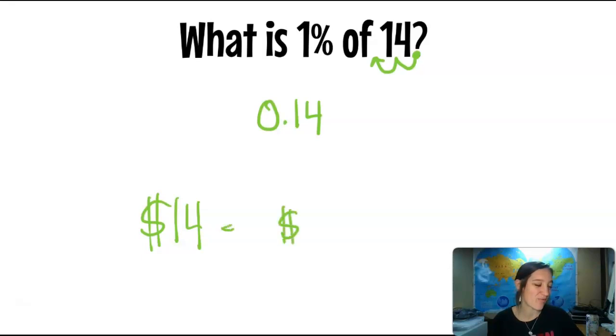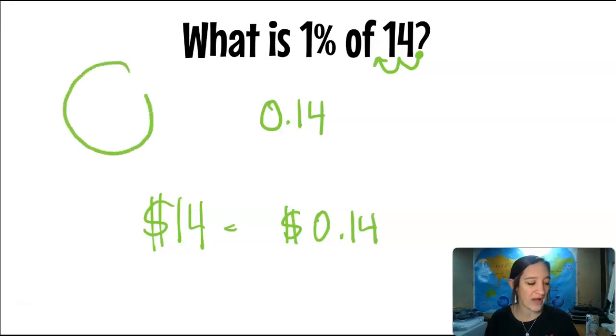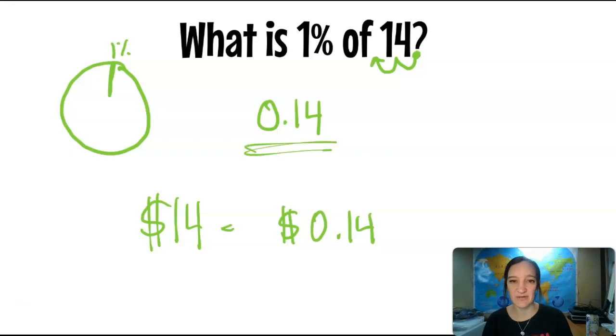It ends up being a whopping 14 cents. Good luck finding a gift for 14 cents. But that's how small 1% is. You go from dollars all the way down to just pennies. 1% is very small, right? If you have a whole pie, 1% is one tiny little sliver of that. That's why when you find 1% of something, it ends up being a very small number.